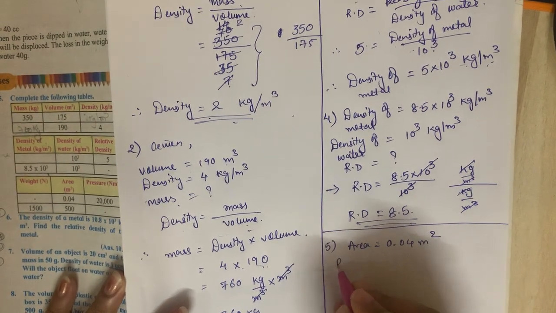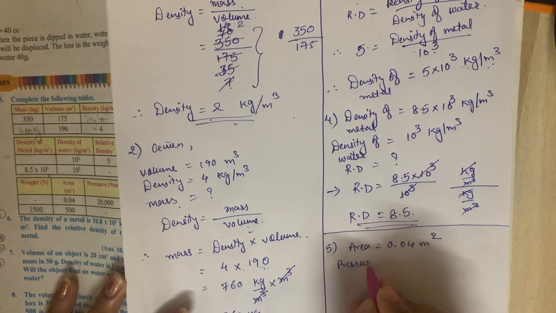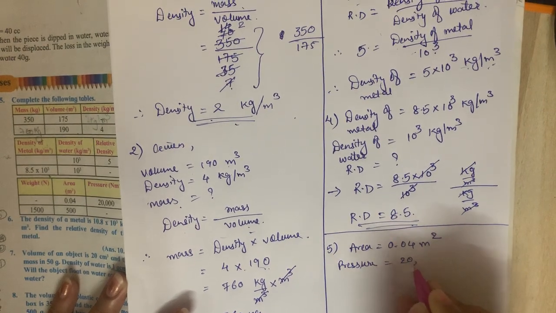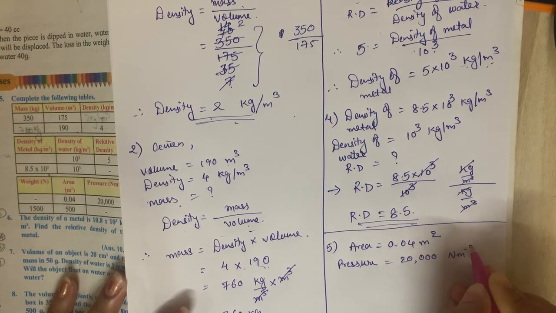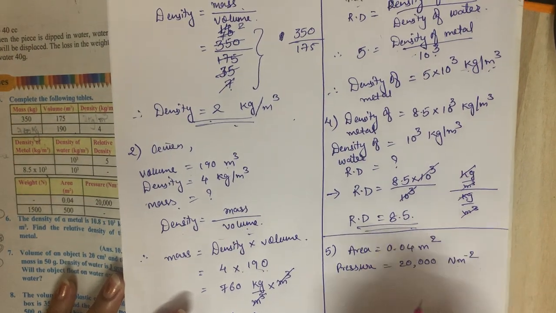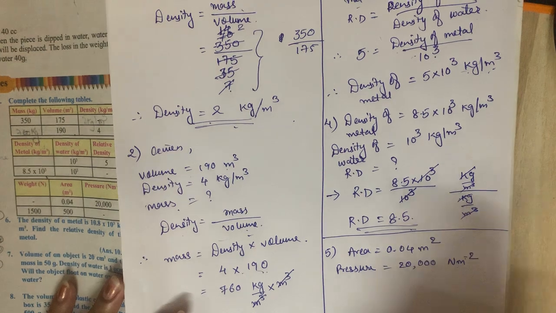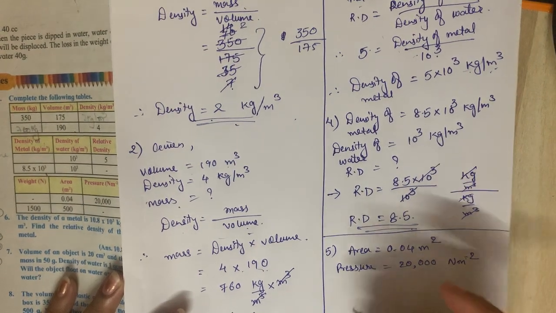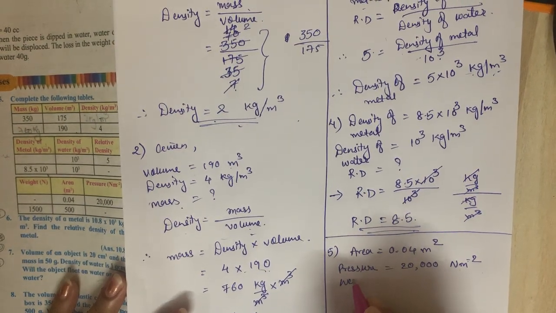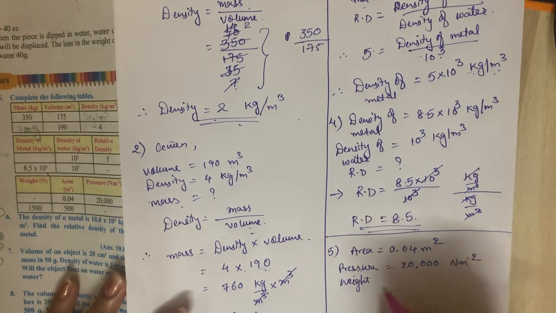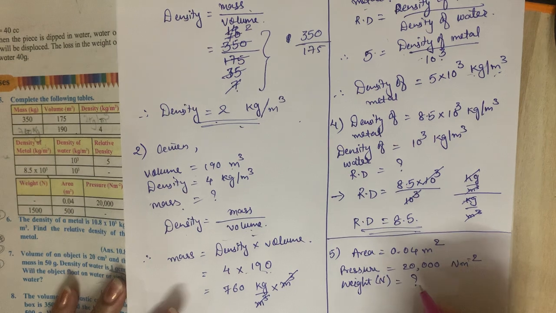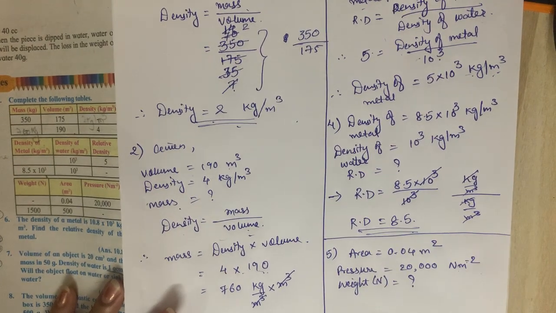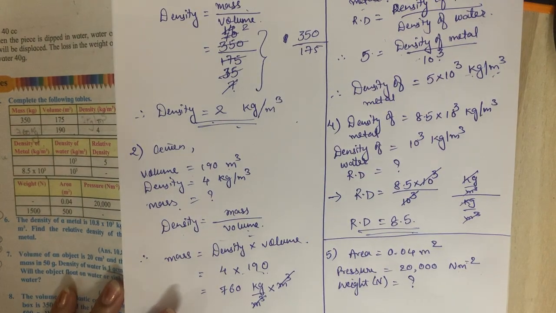Then you have given pressure, that is 20,000 Newton per meter square, or else if you write -2 then also okay. Okay, then what to find? You have to find weight. It is clearly written capital N. My dear students, force here in this case we will represent as weight.